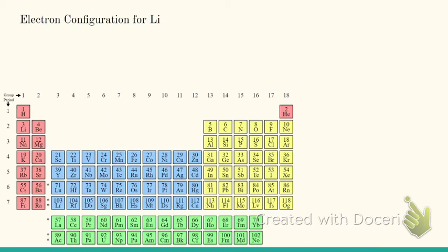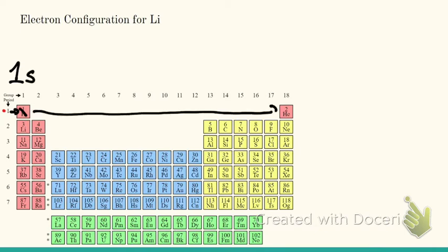All right, moving on to our next one. Let's say we have our Li. We always start at the beginning, so we're going to start in row 1. We enter into that s block, and it is able to hold 2 electrons.